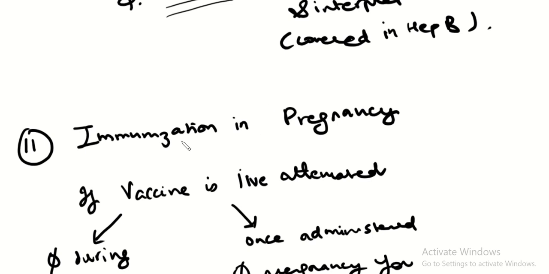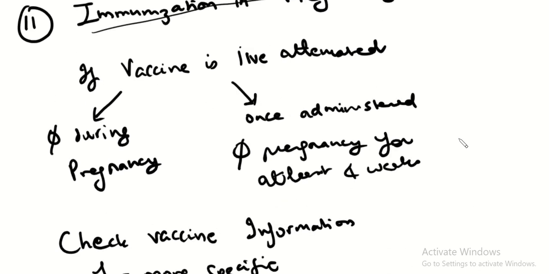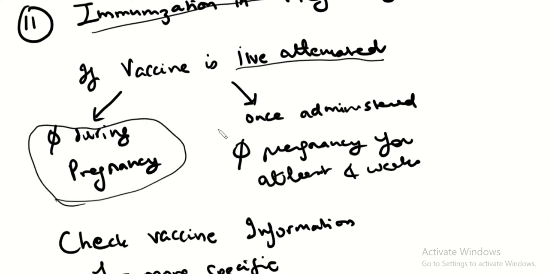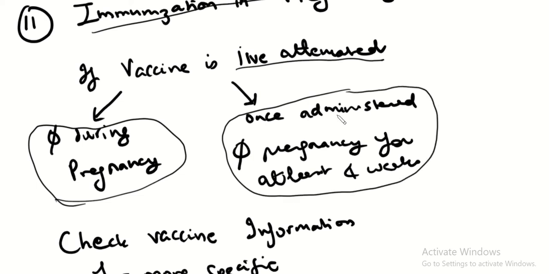Immunization in pregnancy. What if you have a pregnant patient? If the vaccine is live and attenuated, don't give it during pregnancy. If the vaccine is live and attenuated and it's administered, wait at least 4 weeks to become pregnant.